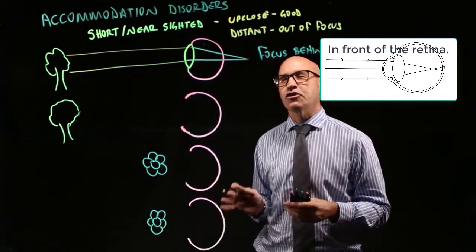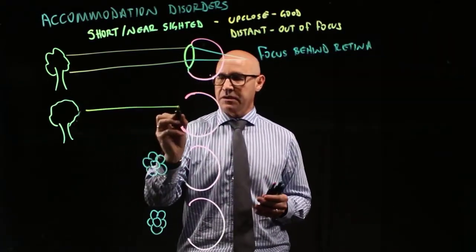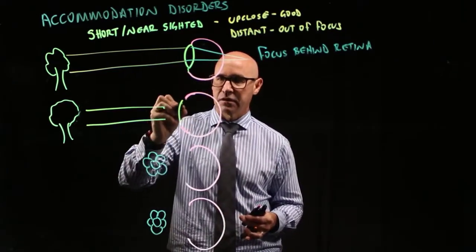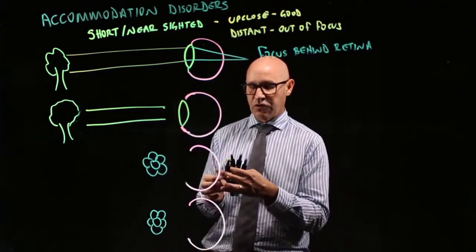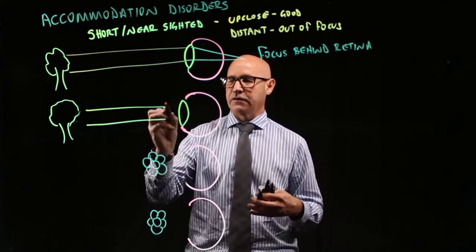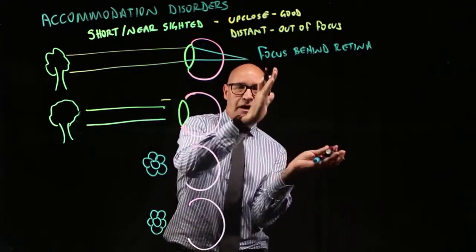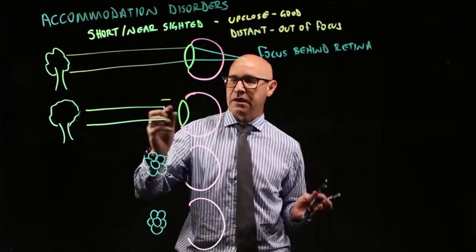So let's see how we can correct short or nearsightedness. The light rays are coming in parallel and the lens is too thick. So the only thing that we can do is put a corrective lens in front. What we want to do is diverge the light rays so they come in on a sharper angle.